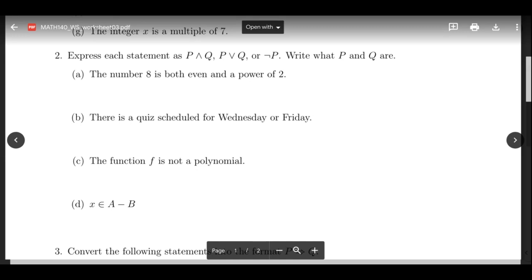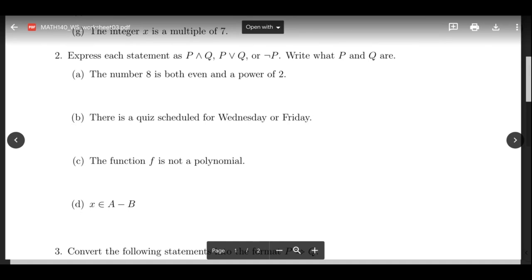Let's try to figure out, is this a statement? D. No, it's not a statement. So what is it? Expression.